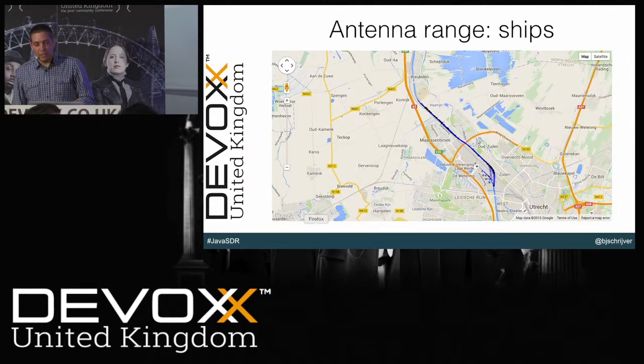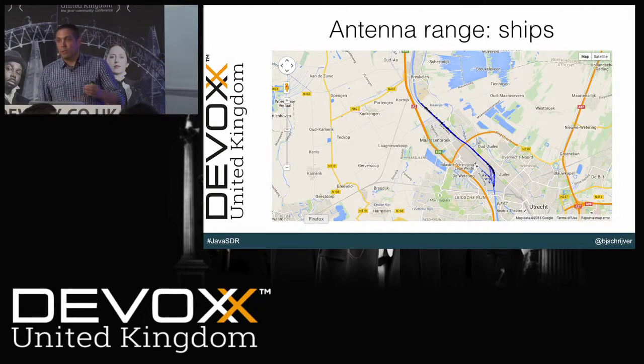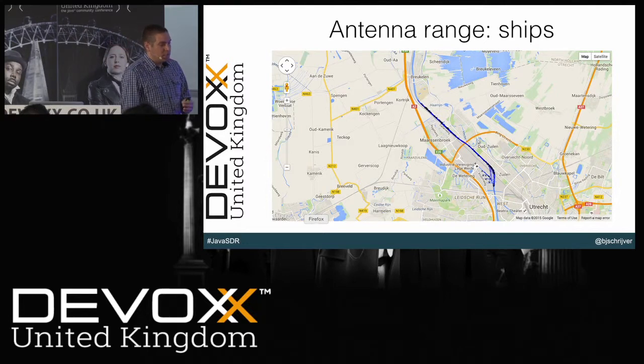For ships, it's a lot less, since these signals usually don't have to travel from a few kilometers up in the air down to the ground. So these are transmitting at a lower power. But still, I could get a few kilometers of range by using a basic antenna. And it's not really too high up in the air.